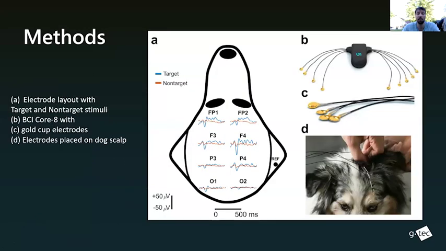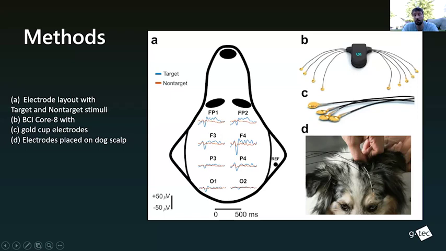Here you can see an overview of the topography of these evoked potentials on the scalp plot of the dog. What we do is we place our 8 electrodes on the standard positions as mentioned in the literature, and we place the reference and ground, which is the shared electrode, behind the ear.